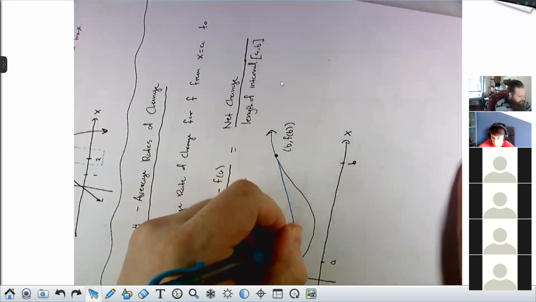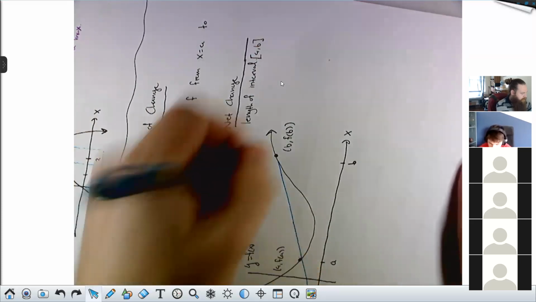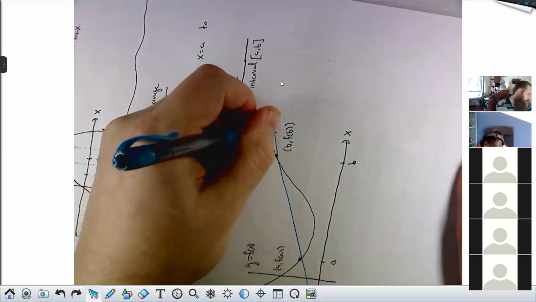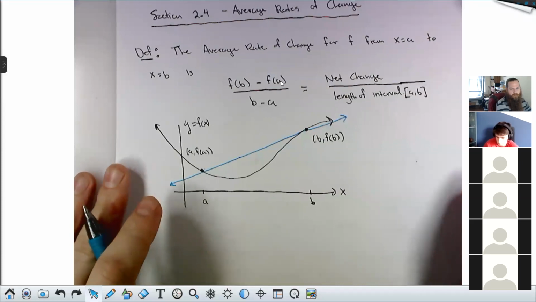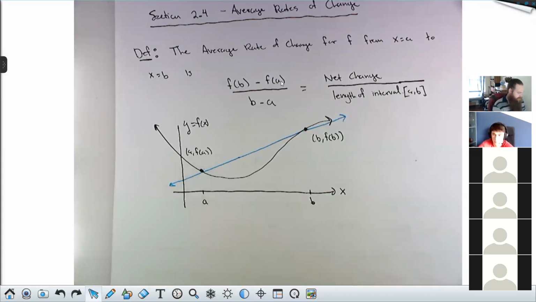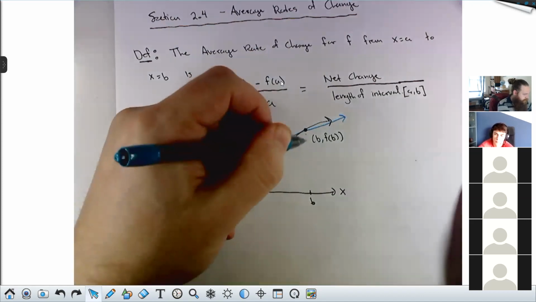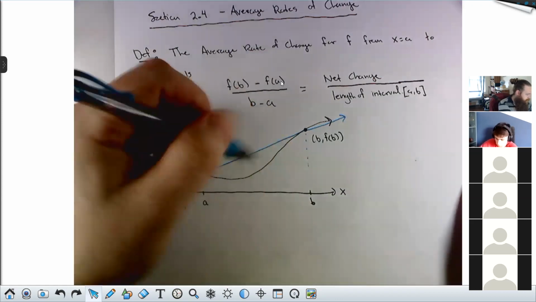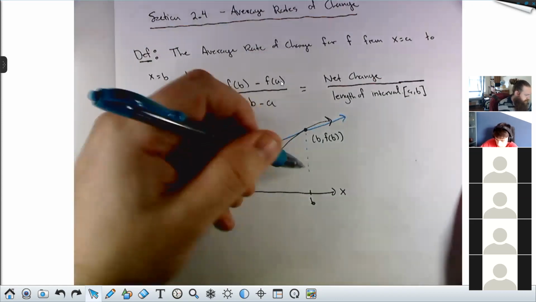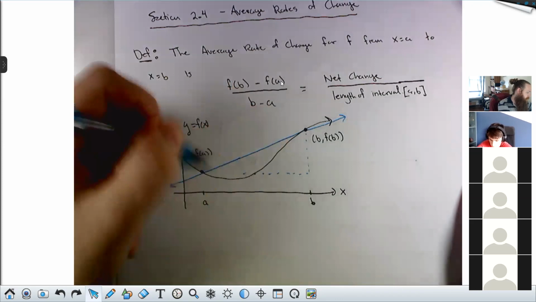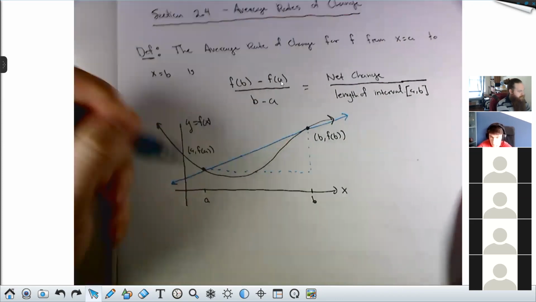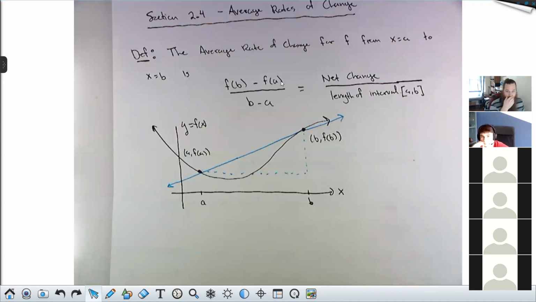I'm going to draw this in a different color to help it stand out. Okay, here in blue, we have what's called the secant line. And if you look at the rise over the run, you'll realize that the slope of that blue line is this thing.